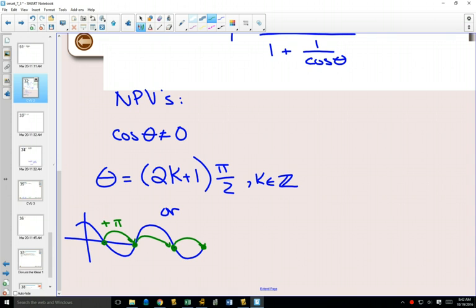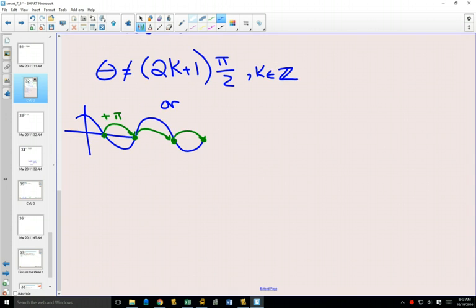So another way of writing these non-permissible values is you could start with one of the ones that you know. So I'm going to start with this one right here, pi over 2. And then I could add or subtract pi as many times as I wanted, and k is an integer.